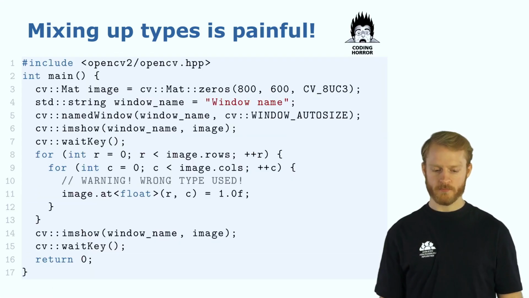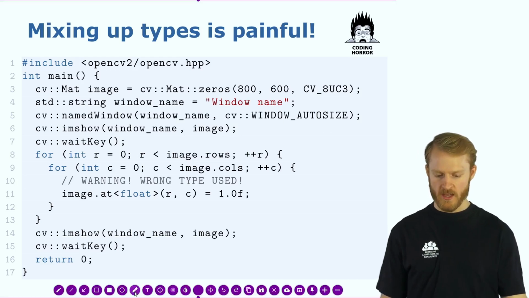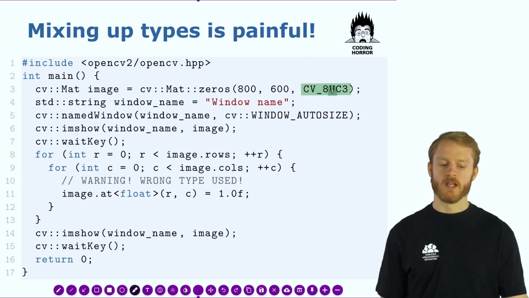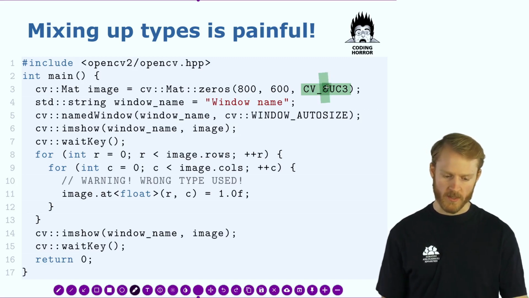This is an example that you can try, but the important thing to show here is that when we are creating this image, we are saying that the type of this image is, as we mentioned before, the OpenCV type, which is basically 8-bit, so it will be an unsigned char. This is the important part, 8 bits.